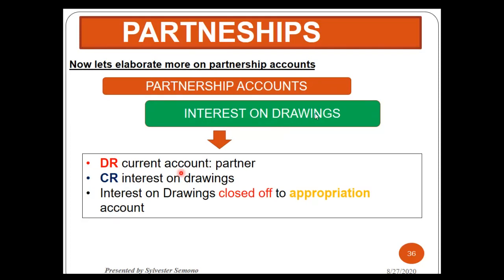That's why, as you can see here, we credit the interest on drawings because the partners have to pay that interest to the business, and we debit the current account of the partner because of what? Of the interest on drawings. Okay. Interest on drawings must also be closed off to what? To the appropriation account. Okay, you need to check this.